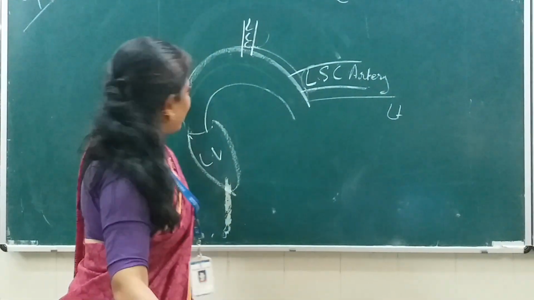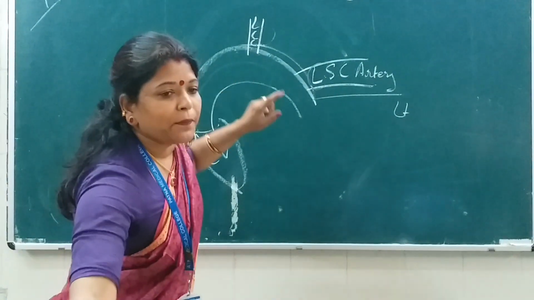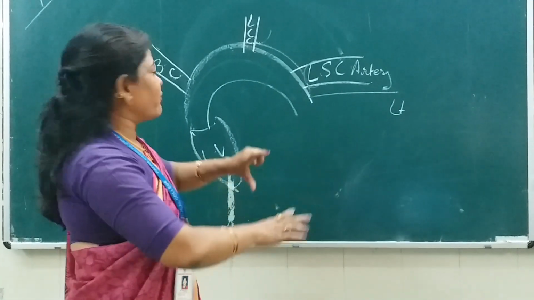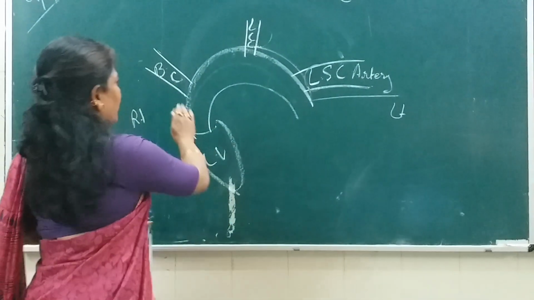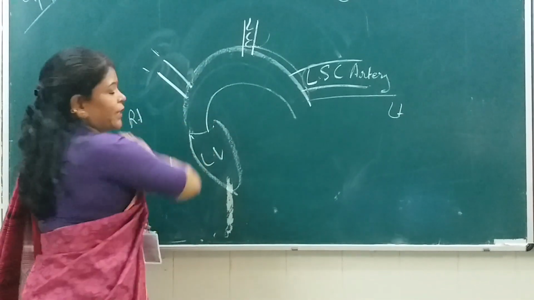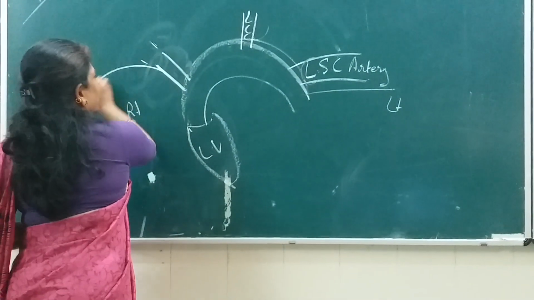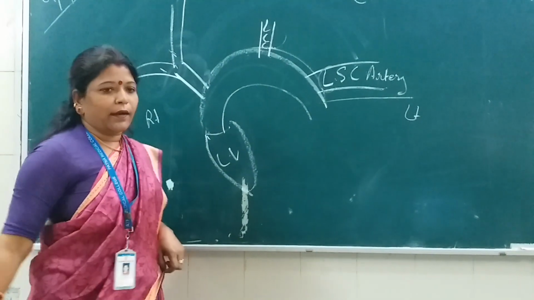What does the nomenclature brachiocephalic mean? Brachium means limb and cephalic means the head and neck region. In this branch, what is hidden? The right subclavian and the right common carotid artery, isn't it?